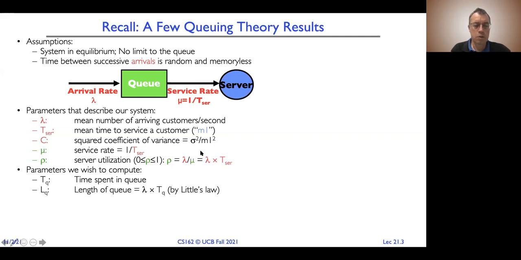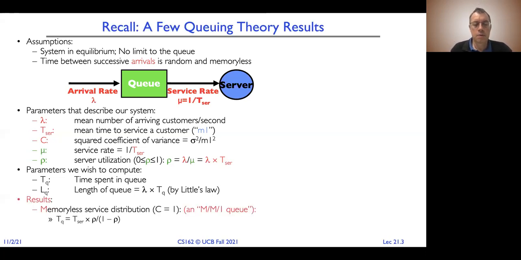And then we also learned about Little's law, and Little's law allows you to compute the queue length by just multiplying the mean arrival rate times the average time spent in the queue.